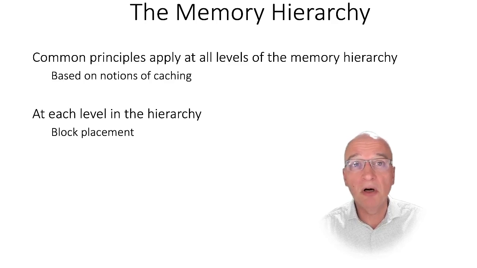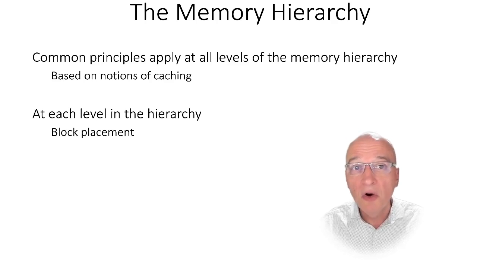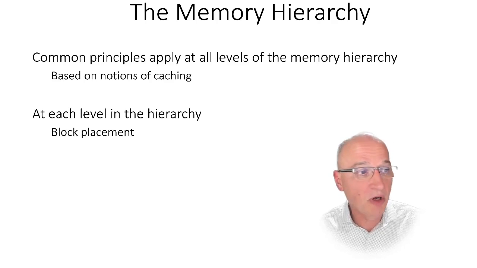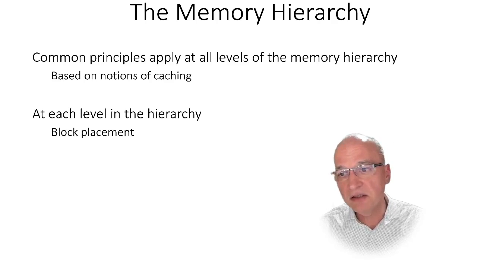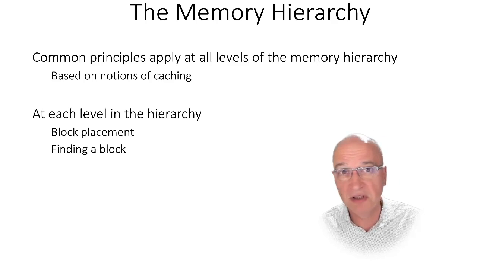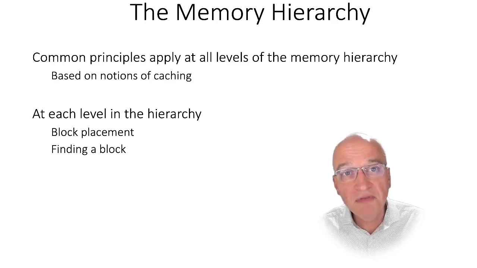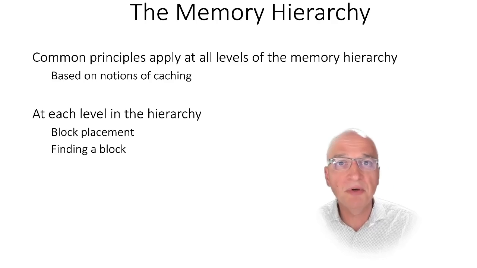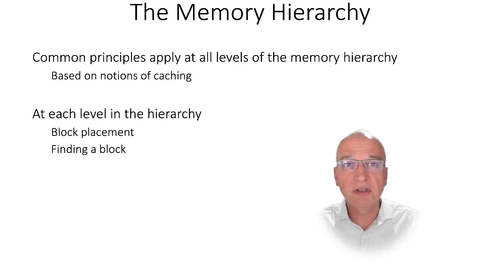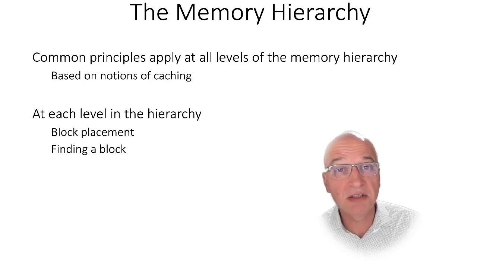placement. So given a block that comes from the lower level, where can I place that block? And that is an issue that has to be solved both for the caches and for the memory system. The other issue is, how do I find a block? For example, if I have a fully associative memory, then to find a block, I have to search through all the blocks to see if I can match the tag.